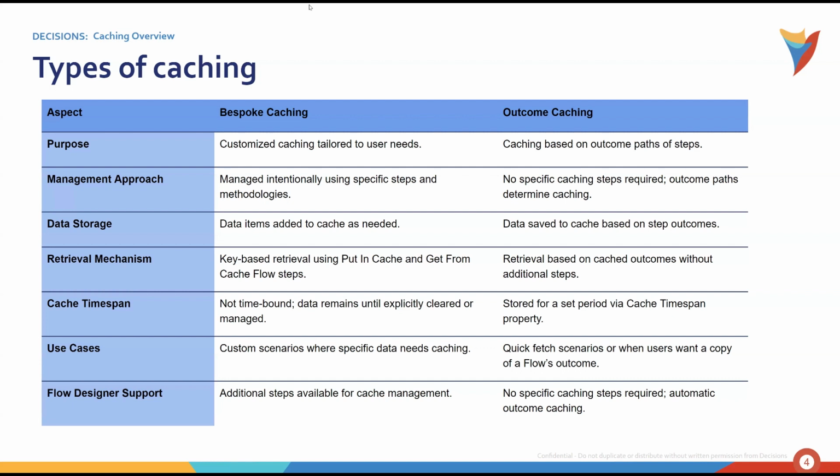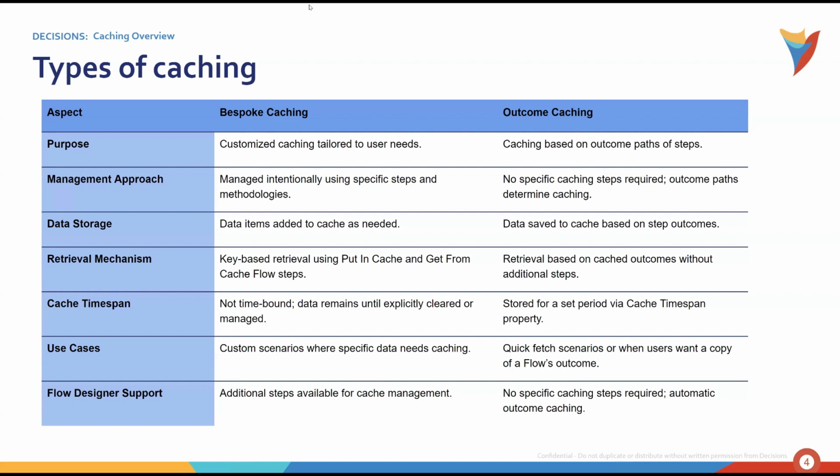Now, let's see the comparison of both types of caching. If we see the purpose of both, we use bespoke caching when you need customized caching tailored to a user's need, whereas we use outcome caching when caching needs are based upon the outcome paths of the step.